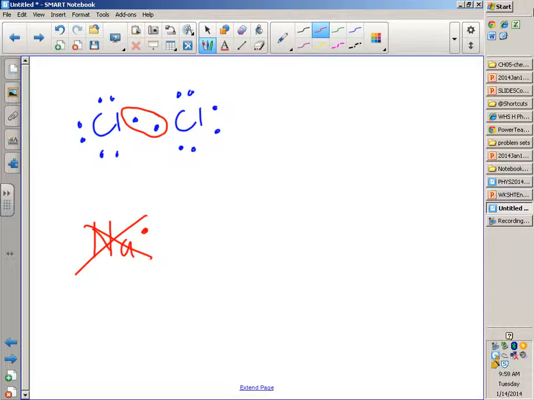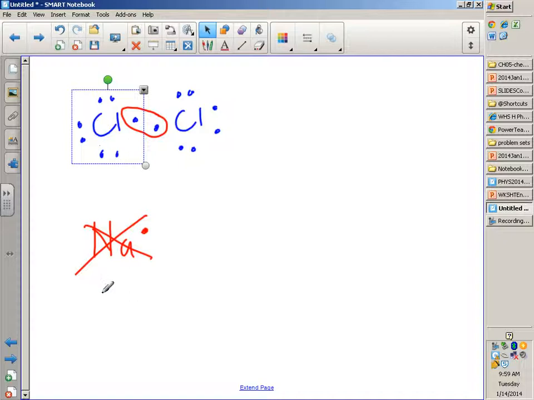So now, if we take a look at this original chlorine that we drew, that has this box around it, these 7 that are inside the box, they, quote-unquote, belong to that original chlorine atom, right? But anything circled in red is being shared. It, quote-unquote, belongs to both of them.